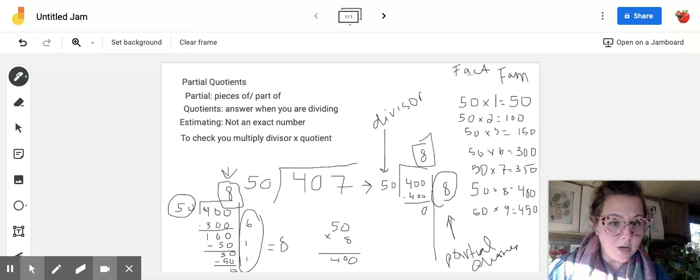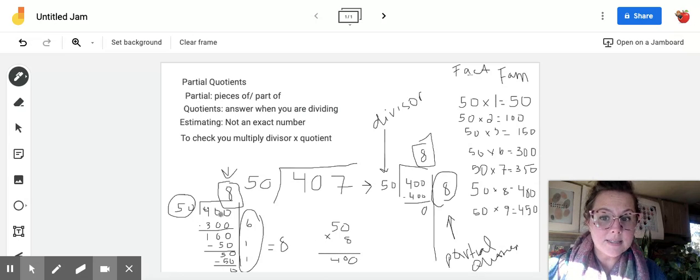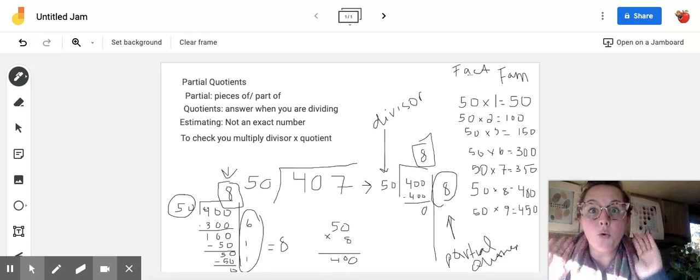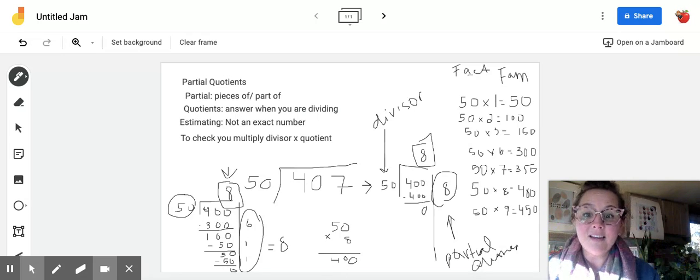My answer is 400. Is 400 the same as here, your whole number? Yes, it is. Boom, we're done. We got it, okay? We checked, we added our partial quotients, and we got our quotient. Take a look. 8, 8. We got there the same way, okay?